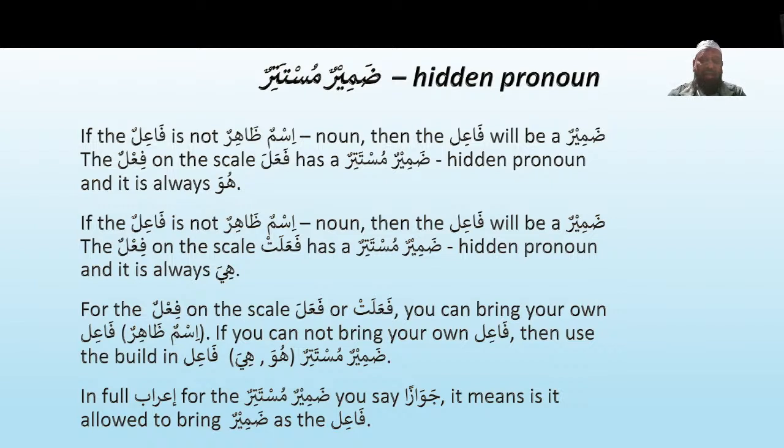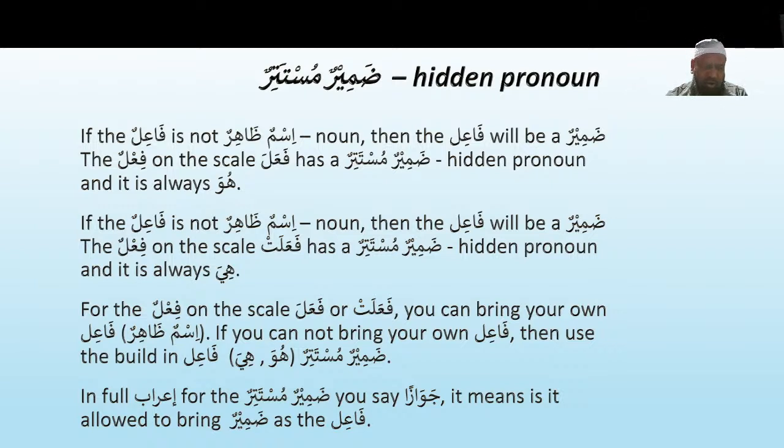So if you have the fa'il in the sentence, use that as the fa'il. But if you don't have a fa'il in the sentence, use the built-in one, which is huwa for fa'ala and hiya for fa'alat.